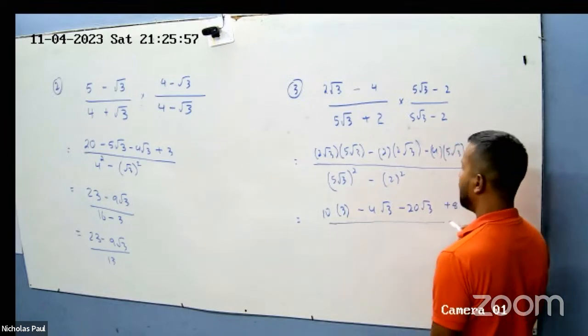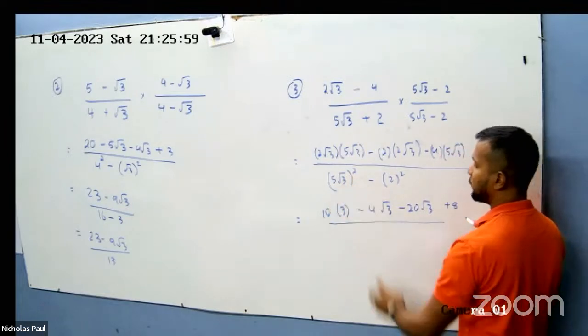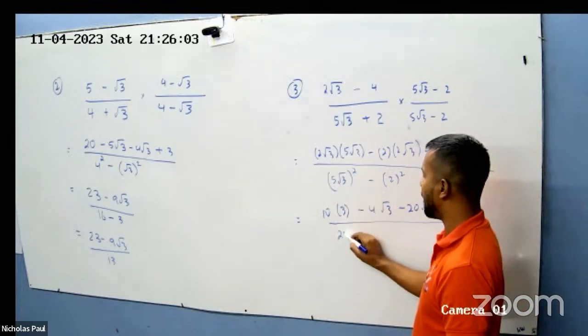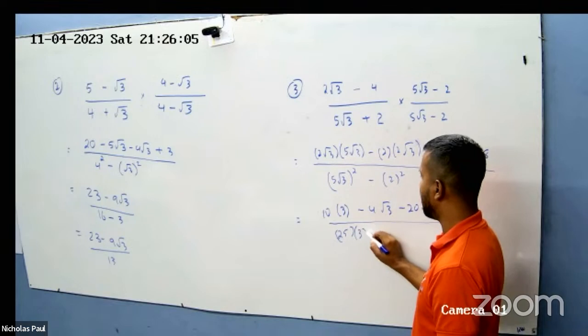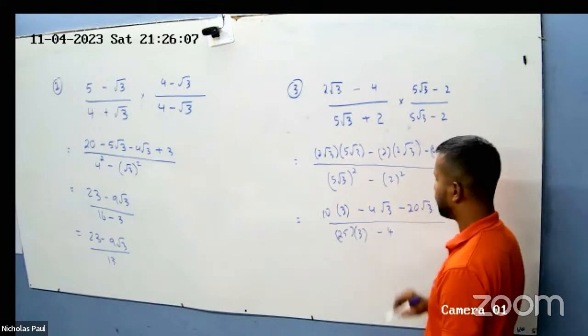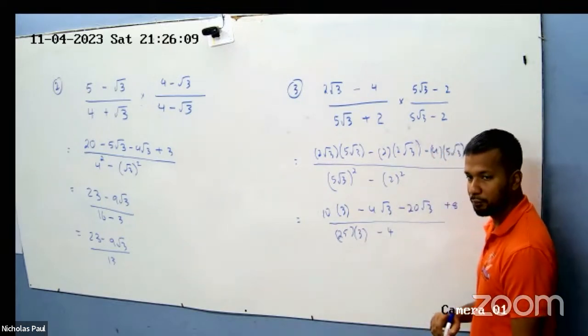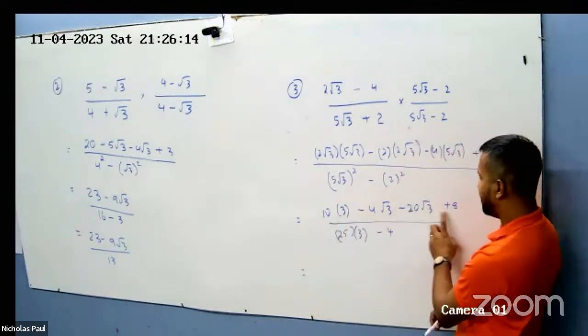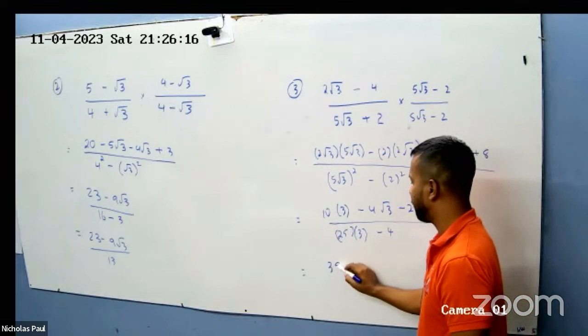All over 5 root 3 squared, right? We did this a little while ago. 5 root 3 squared, that'll be 25 by 3. 2 squared, that's 4. Then we just add up everything. 3 by 10, that's 30 plus 8, 38.